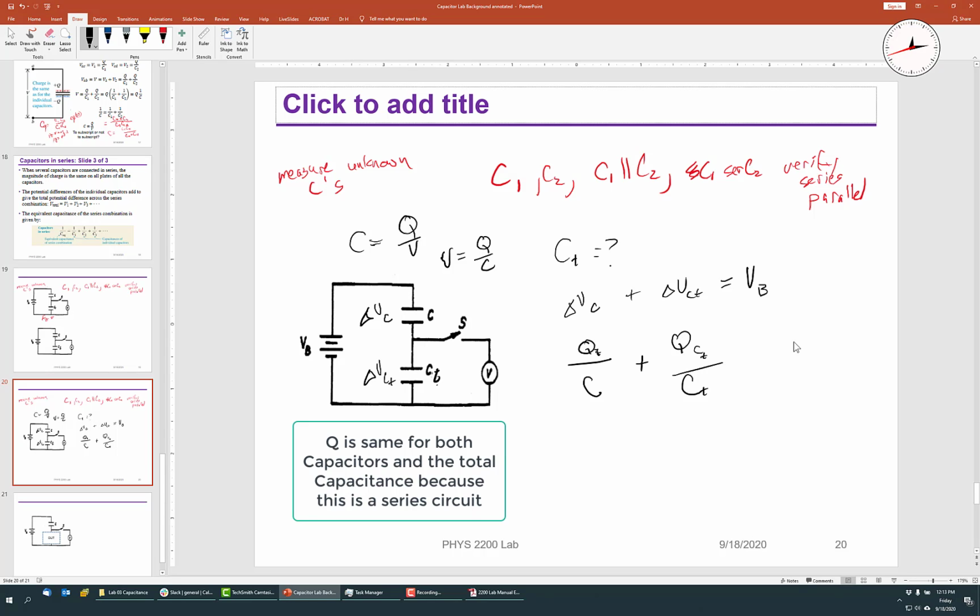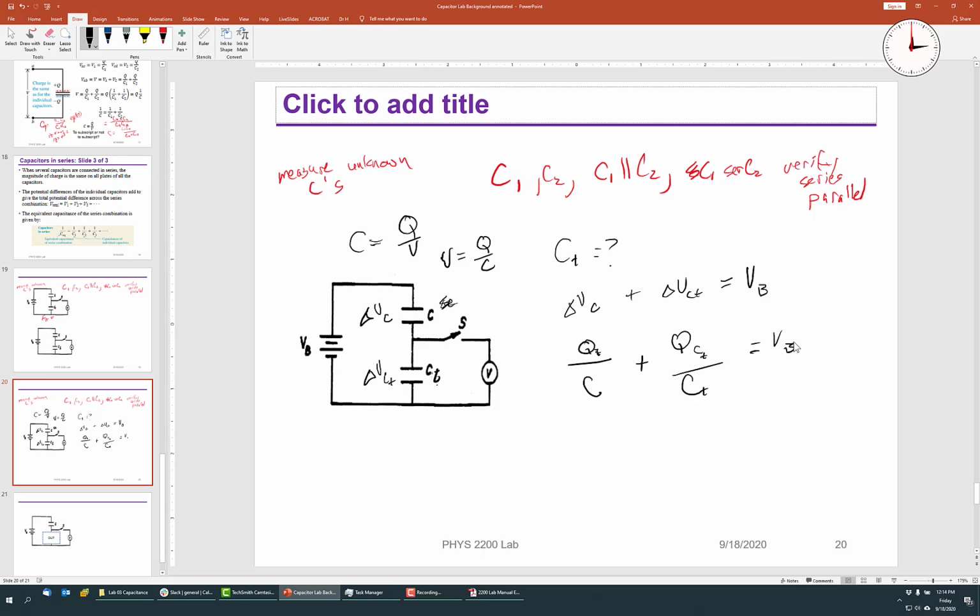But we also know that Q is the same in a series combination. It's series, so that equals V battery.